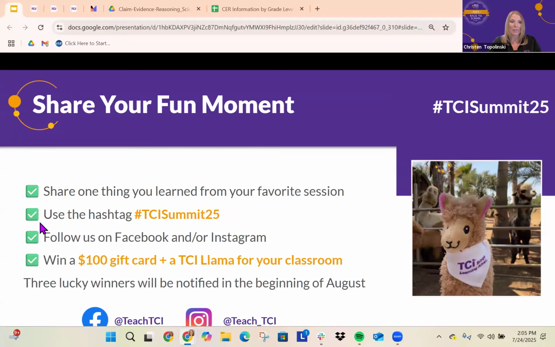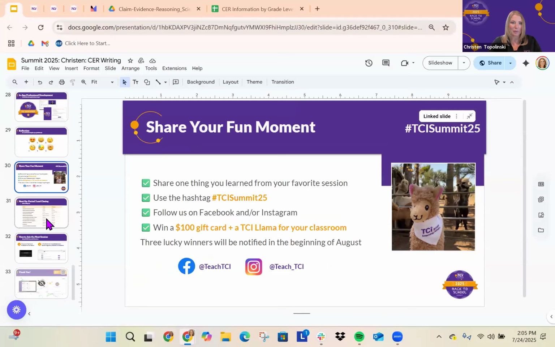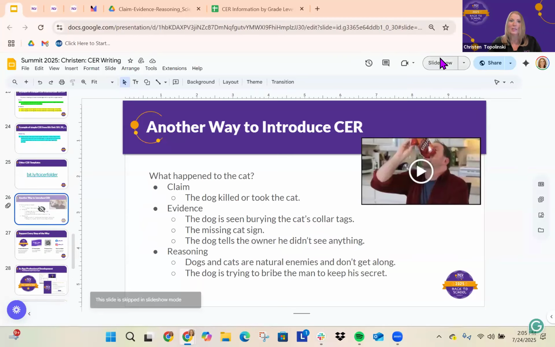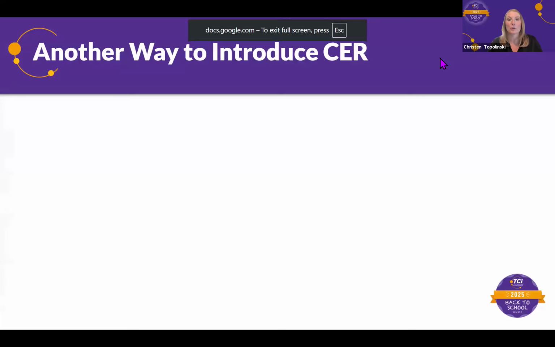But I wanted to show you that other example. I had one more example. I think we have enough time. We have 5 more minutes of this one. So this is another way that I've introduced it before, and it is fun.